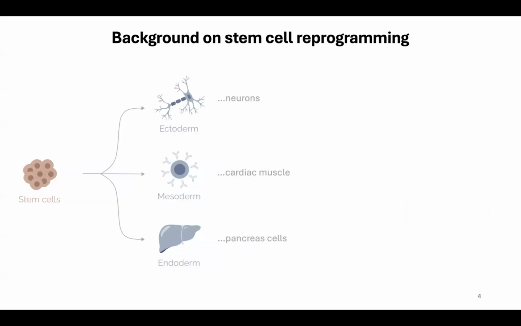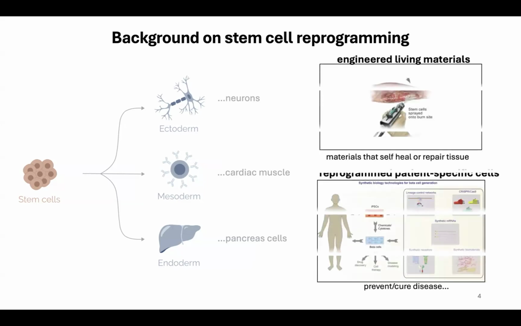So why do we care about stem cells, or induced pluripotent stem cells? It's because if we have them and they come from a patient, we can then use them to regenerate the tissues that the patient may need due to injury or sickness. So in the long term, and this is a very long-term vision, you can think of using these for engineering living materials for tissue regeneration, or also for reprogrammed patient-specific cells.